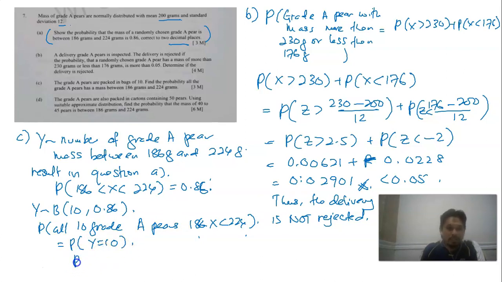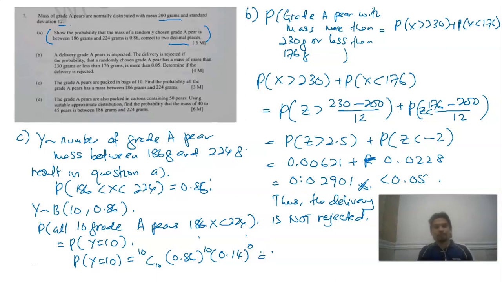So the probability of Y equal to 10, in this case, is 10C10 times 0.86 to the power of 10 times 0.14 to the power of 0. The total of this, you may use the calculator, and it gives you 0.2213.